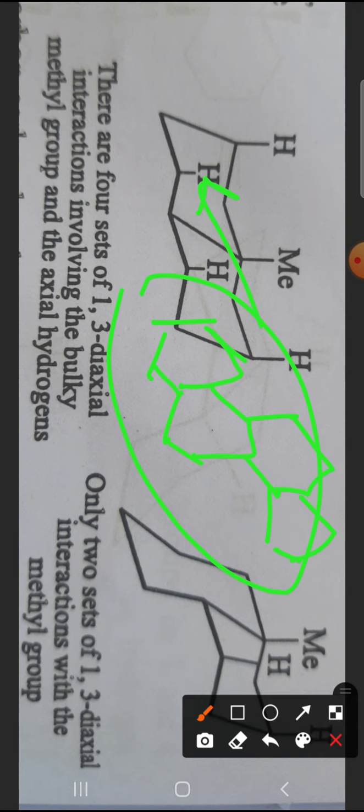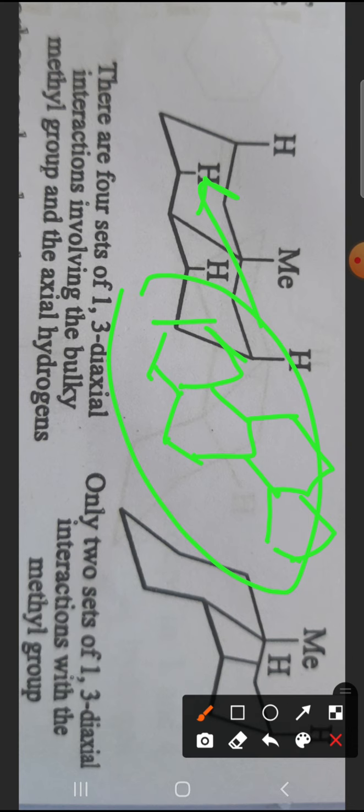Enantiomer means two non-superimposable mirror images of each other. The cis form is chiral and the trans form is achiral.